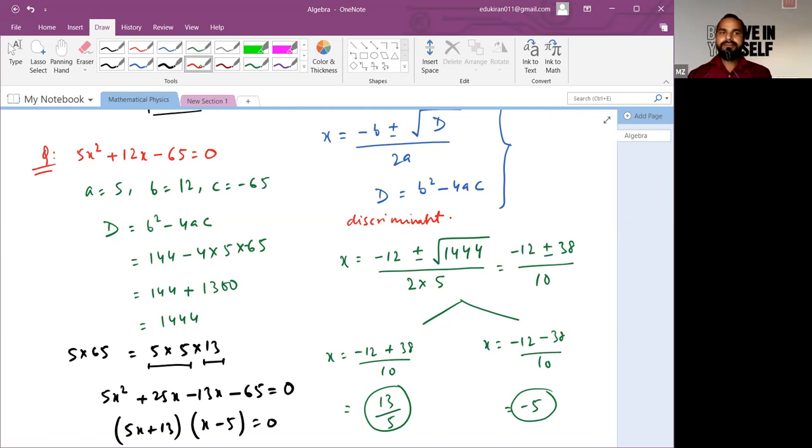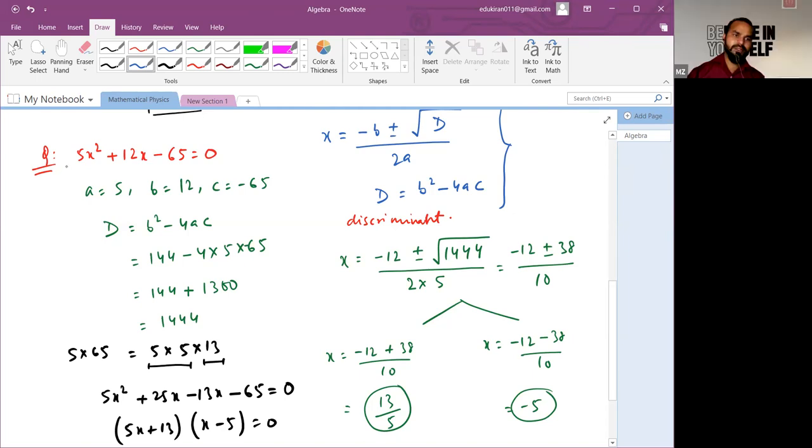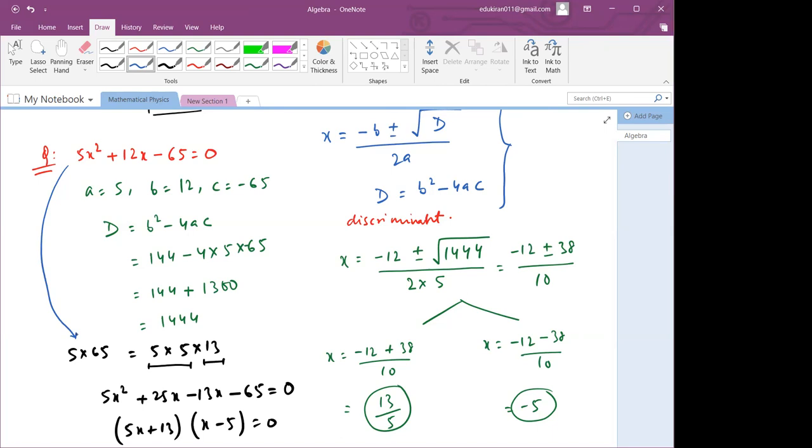Is it clear to everyone? Yes, sir. Okay, just write it down. Shakir, is it clear? Yes, sir. I've just solved using middle term splitting as well. Sir, can you solve it in this method?